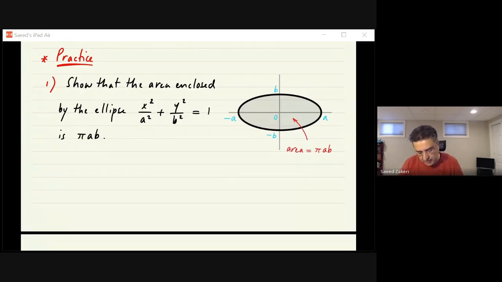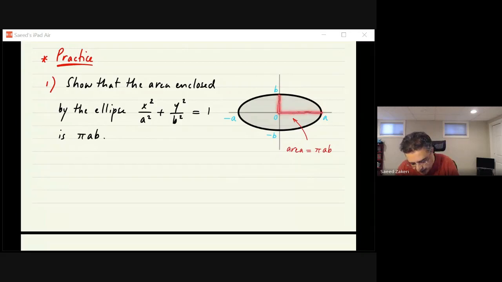So the idea is to figure out the formula for this graph. If I can figure out what the formula is, y equals something in x, then if I integrate that from negative a to a, that's going to give me the area under that graph. Then I double it, and I get the total area of the ellipse. Because of the symmetry, I can simplify this further.